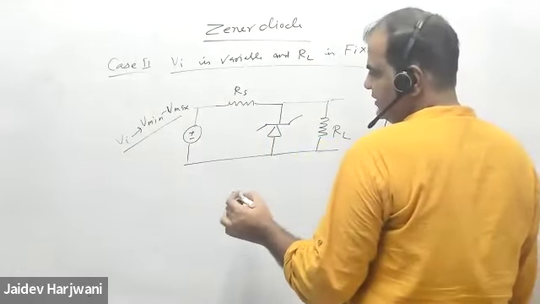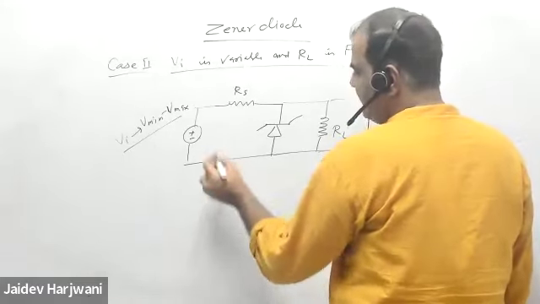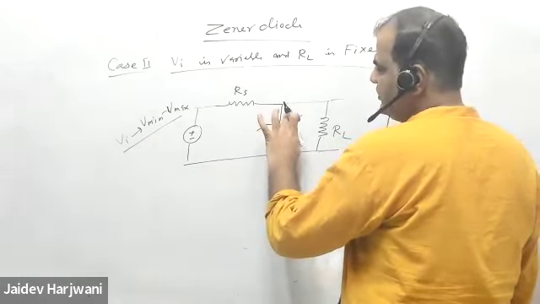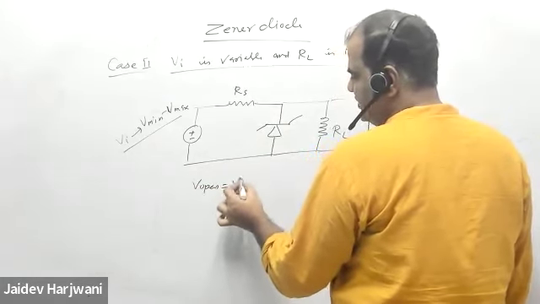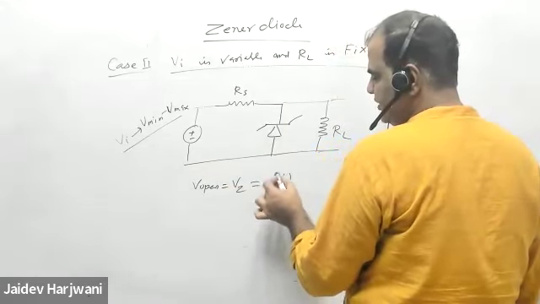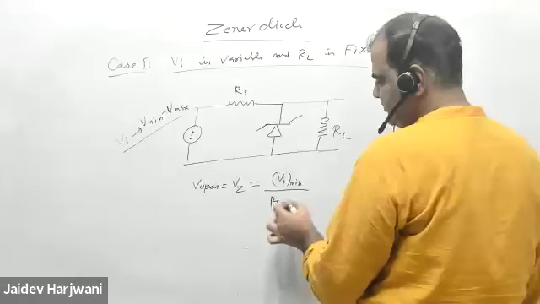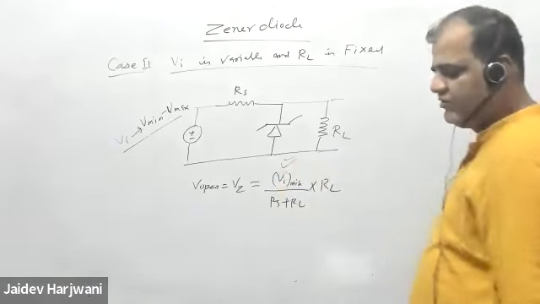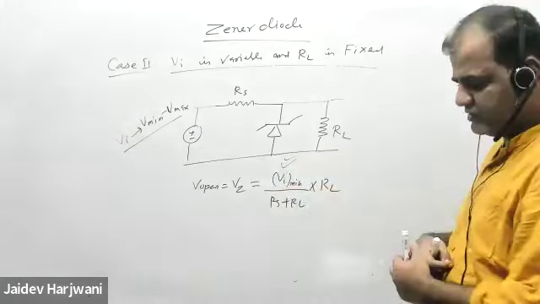So we say that for Vi minimum, the open voltage should be equal to Vz. And V open is Vi, now this is minimum. So Vi minimum times RL upon Rs plus RL equals Vz. I can find the minimum value by this equation.